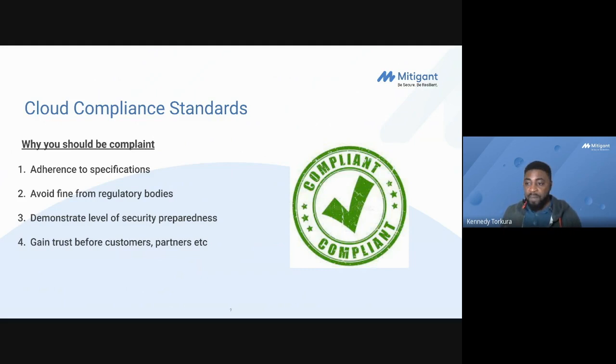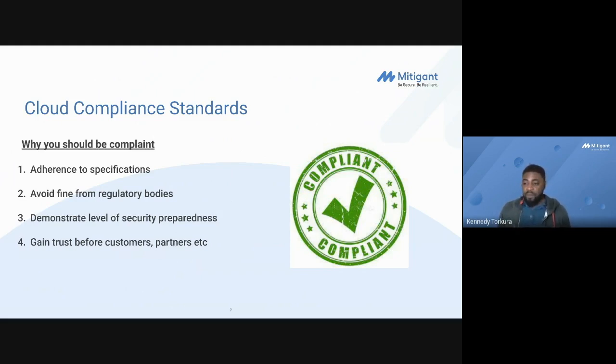They want to abide to the regulations that have been set by their countries, by their industry, the industries that they service, and therefore they want to conform to whatever compliance standard that is already recommended in that industry.